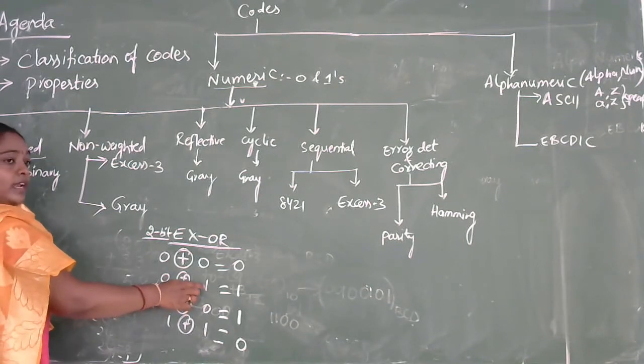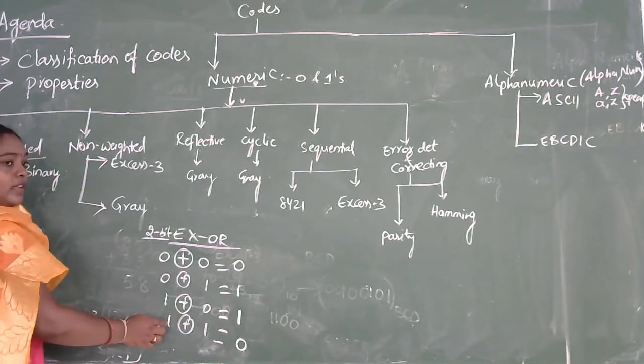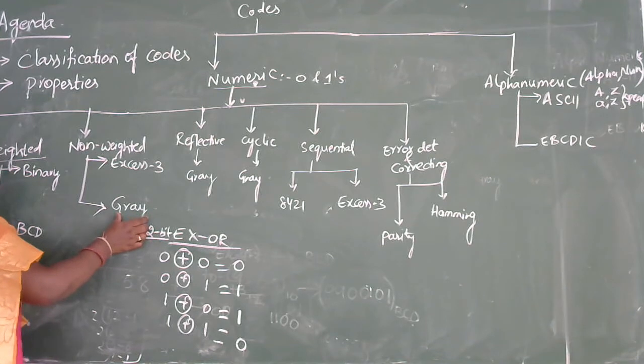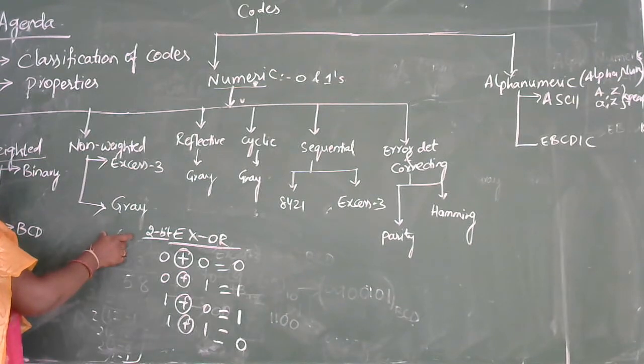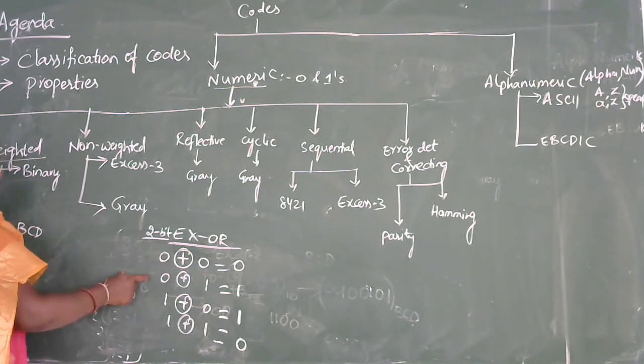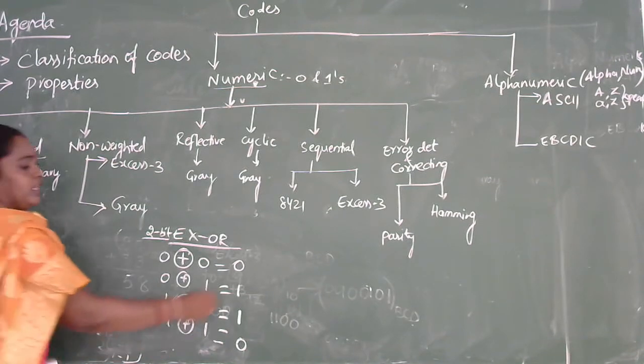Whenever we are having an odd number of ones, the output is 1. Whenever we are having an even number of ones, the output is 0. So in case of a gray code, what we are doing here is, the binary number which we are having, we need to perform the exclusive OR operation. The resultant is nothing but called a gray code. So let me check it out with an example.